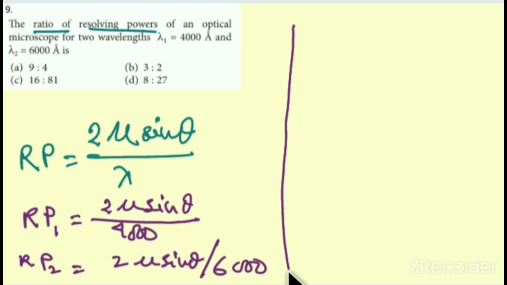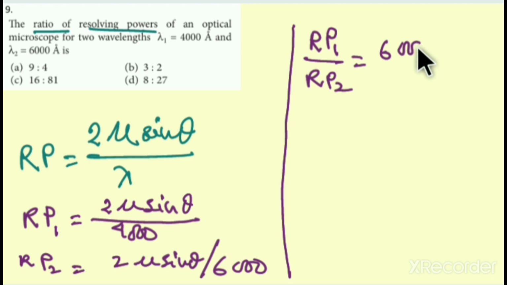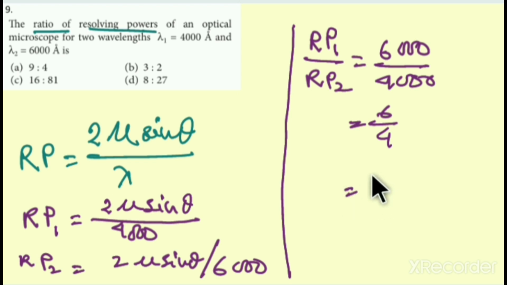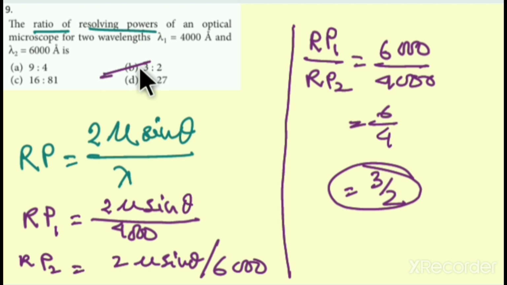So we will simply find out the ratio of these two. Resolving power 1 by 2 is equal to nothing but 6000 by 4000, which is simply 6 by 4, and more precisely 3 by 2. So 3 is to 2. Option B will be our correct answer.